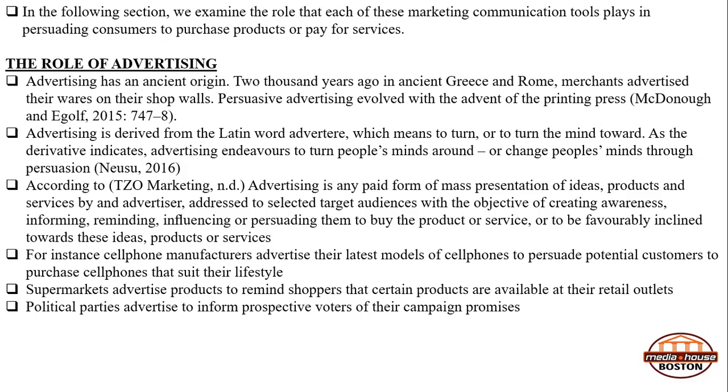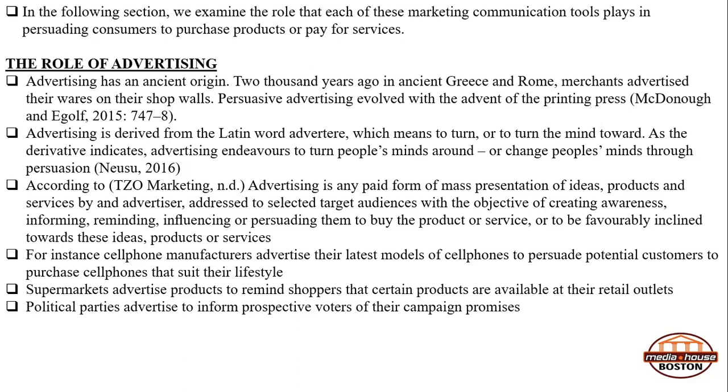Okay. Supermarkets also advertise products to remind shoppers that certain products are available at their retail outlets. We have seen advertisements of Pick n Pay, ShopRite, Spar, telling us, you can come and buy. We have maize meal, we have rice, we have this and this within our retail shops. We have also seen political parties advertise to inform prospective voters of their campaign promises.